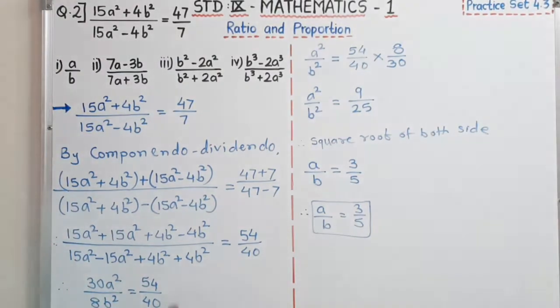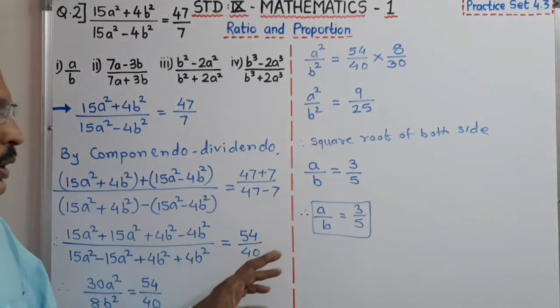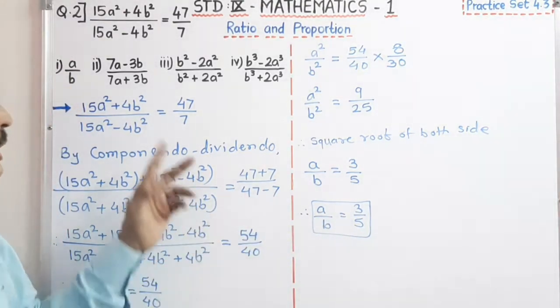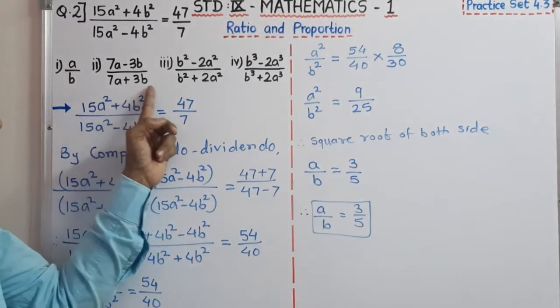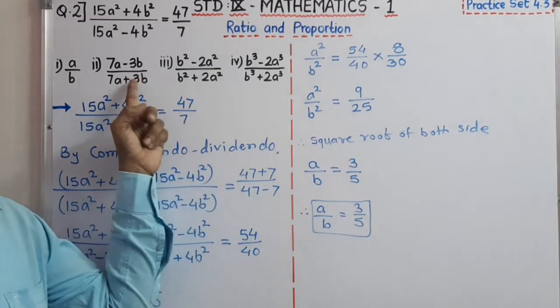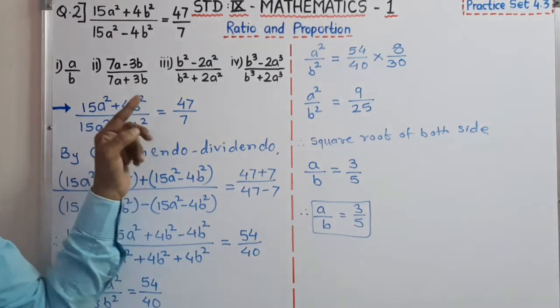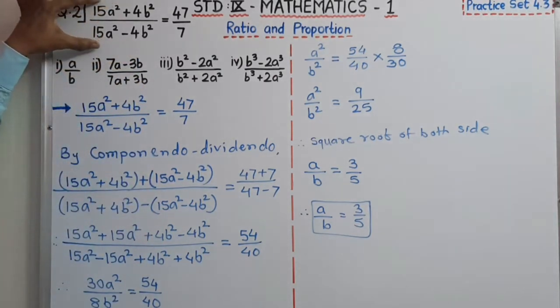Dear students, see, it is very simple. Now we got here a upon b is equal to 3 upon 5. Then we can easily find out the ratios of all these values. Got it? Now dear students, see, here the componendo dividendo process is already there.